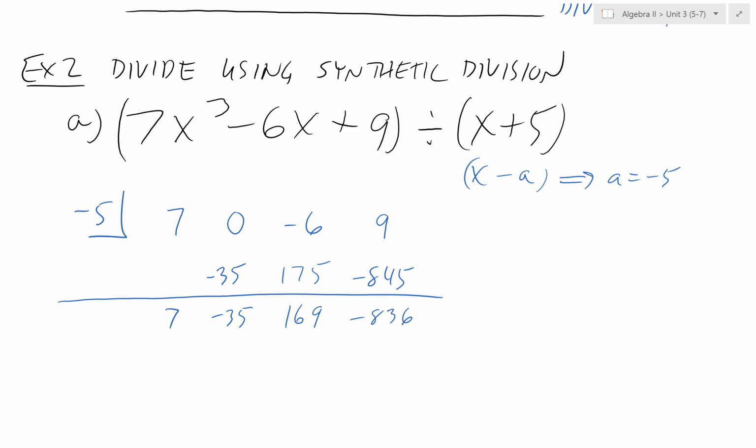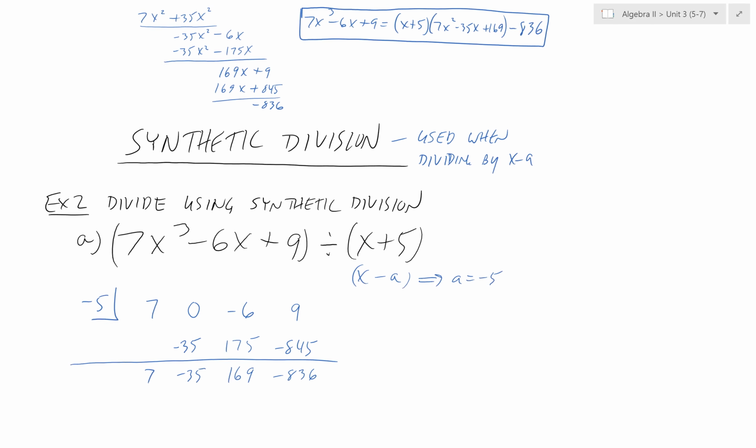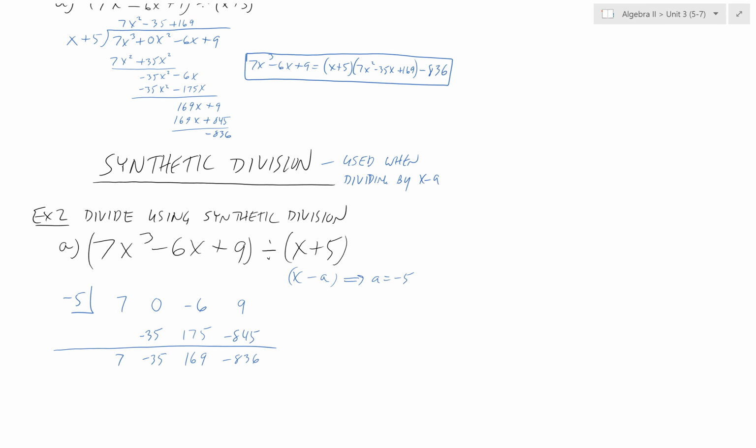And so compare those numbers that we got with the answer to the last problem. Look at the answer that we got up on top, 7x squared minus 35x plus 169. Those are the same exact numbers that we have down below.